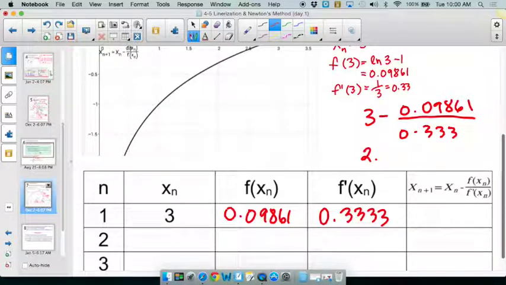You just calculated the fraction, right? 2.7039. Okay, so we have our new guess of 2.7039.